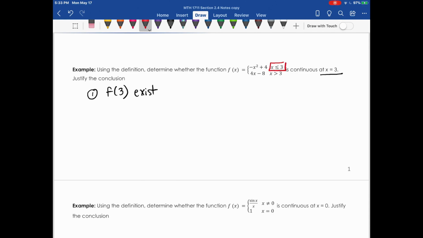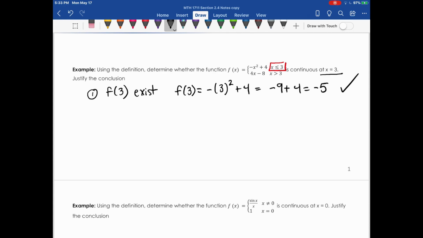The piece that contains the value x equals 3 is the first piece. So I'm going to plug in 3 into the negative x squared plus 4. So f of 3 is equal to negative 3 squared plus 4, which gives me negative 9 plus 4, which is equal to negative 5.